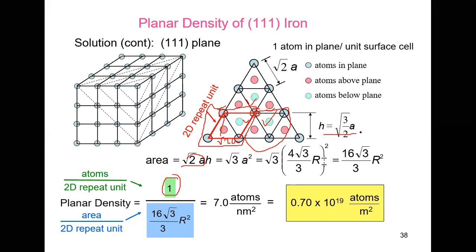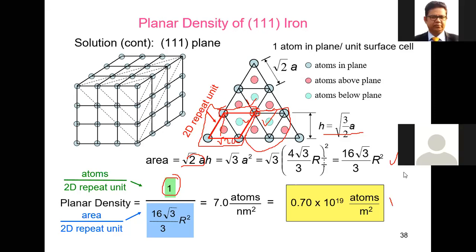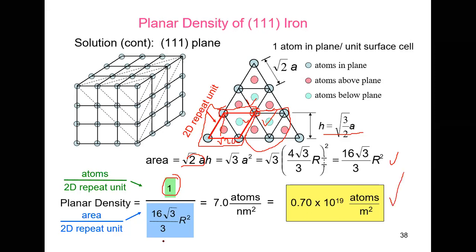You can calculate h as √3a by 2. If you substitute these values, this will be the expression for the area. Substitute the area here, and then you can calculate the planar density of atoms, that means the number of atoms per square meter.